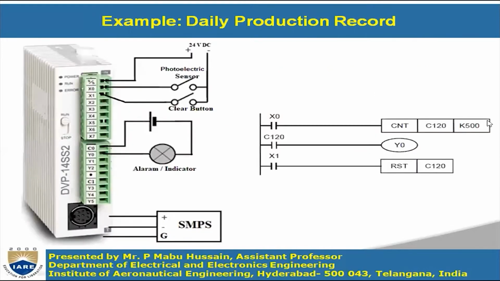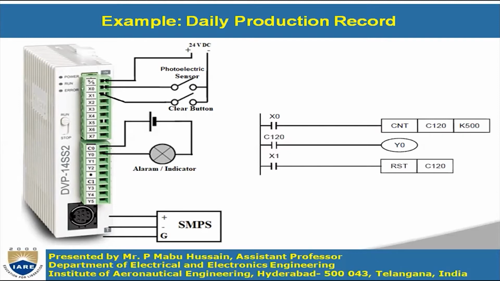You see the PLC connection diagram. The photoelectric sensor is connected to X0, the clear button is connected to X1, and the alarm or indicator is connected to output Y0. Whenever a product is sensed by the photoelectric sensor, X0 will be energized, and the counter has to be incremented by a value of 1.